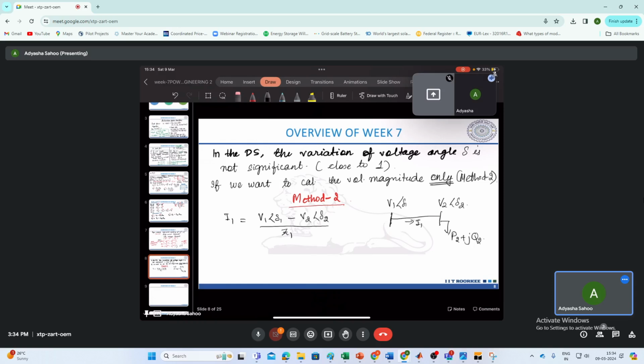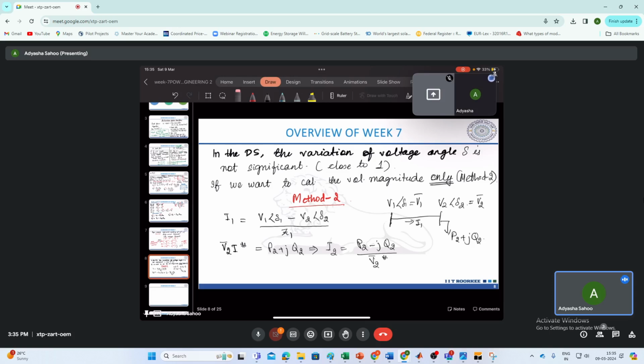So I will represent this one as V1 bar, meaning it is a complex quantity. Similarly, V2 bar is a complex quantity. So V2 into I2 conjugate is P2 plus JQ2, or we had seen this previously, I2 you will get as P2 minus JQ2, taking the conjugate basically and dividing by V2 conjugate, right?